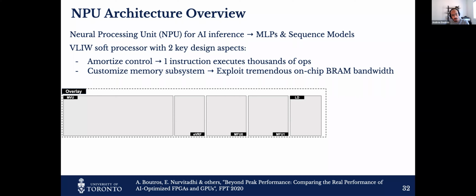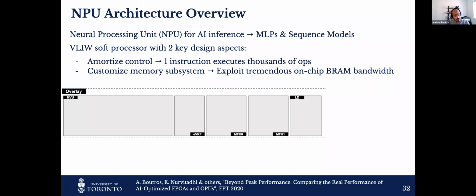I think for the instance of NPU that we use, each instruction can trigger up to 45,000 multiply and accumulate operations. And the other philosophy is that you customize the memory subsystem, exploiting the FPGA reconfigurability to make use of the tremendous on-chip bandwidth between the BRAMs and the compute units on the FPGA.